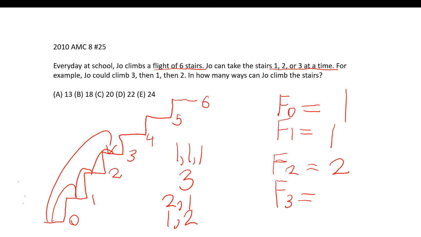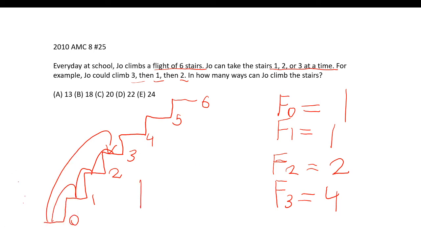So if we take 2 steps, we're going to have to finish off with the first step. If we take 1 step, we can either do 2 1s, or we could take a double step, which we're allowed to do. We can have 3, 1, and 2. And then we reach our step. And this, 1, 2, 3, 4, we're at 4 ways. Now take a look at this. Notice how we got the 4. The way we got F3 is pretty simple.